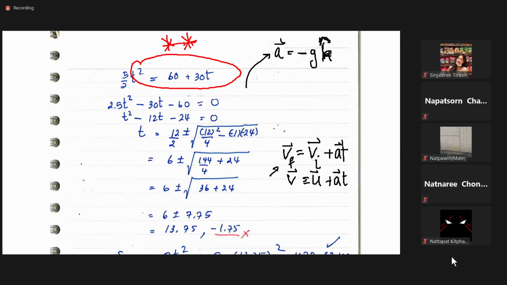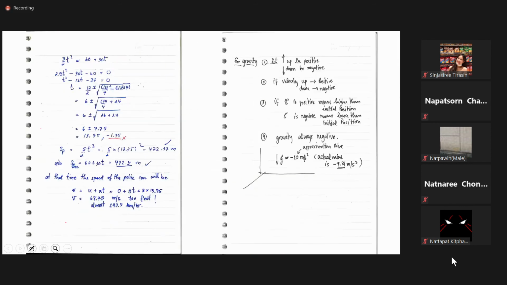Now, in order to work this out, you need to use an equation. We need to use a solution. Let's write it somewhere here.